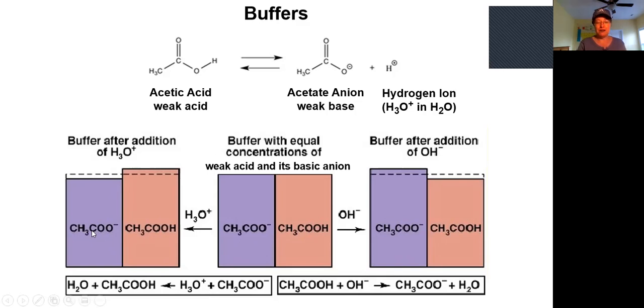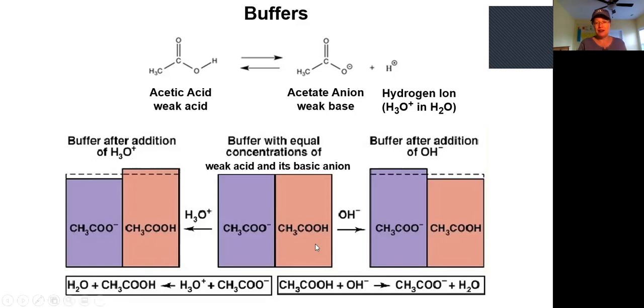His amount goes down. And in the process, it just makes more acetic acid. Well, that's already in there anyway. And it makes more water, but that's neutral. That's not going to change the pH one way or another. So no big change in our pH. We're just making more of what's already there.